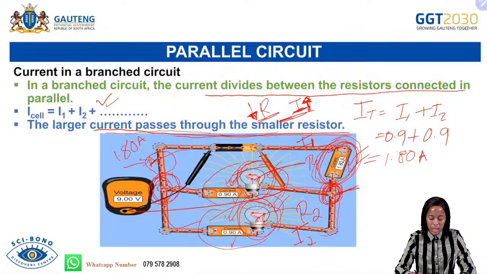We can see that they are inversely proportional. Why? Because if we increase the current, the resistance will decrease, or vice versa.